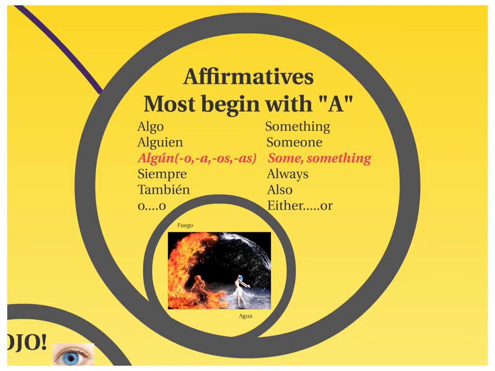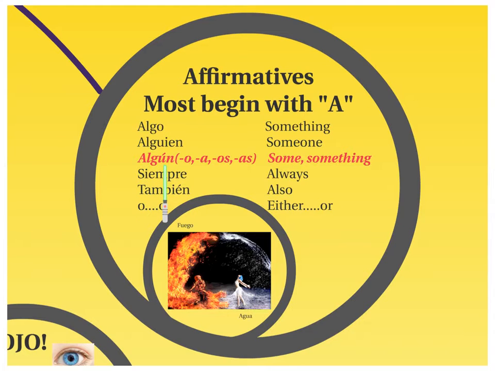All right, so with our affirmative words here, most important thing to remember, most of these begin with this magic letter A. If you look here, we've got algo is something, alguien is someone, algún is in red because we took this out of our curriculum, but I think it's still really important that you guys know what this is.